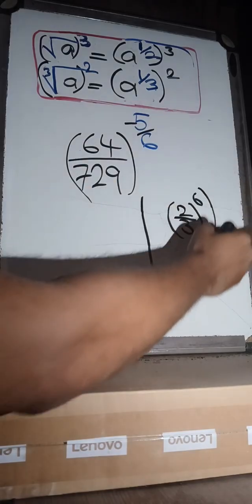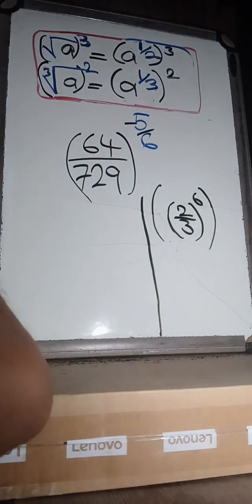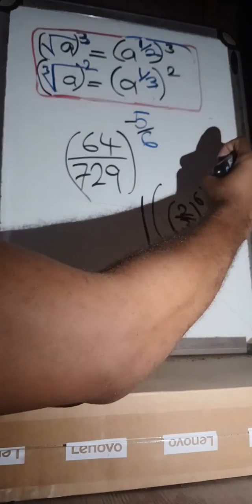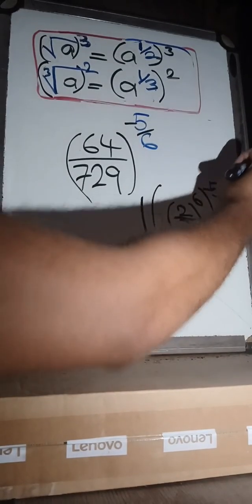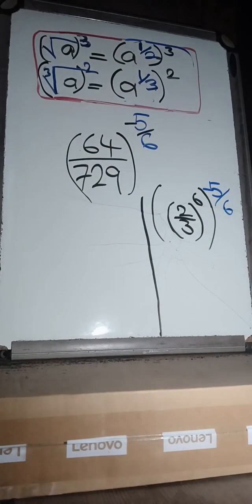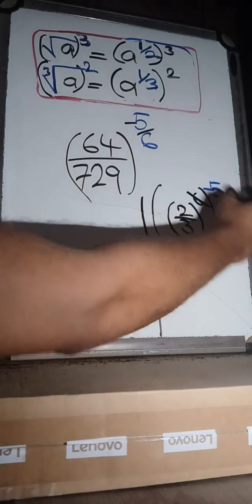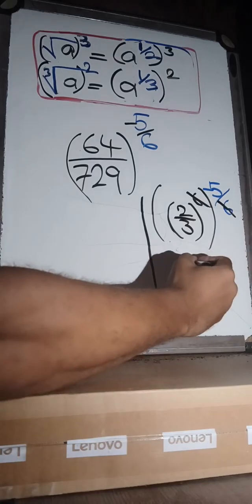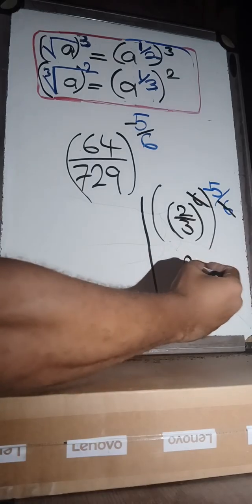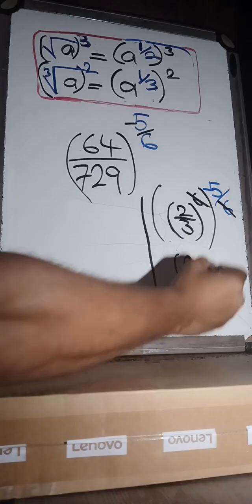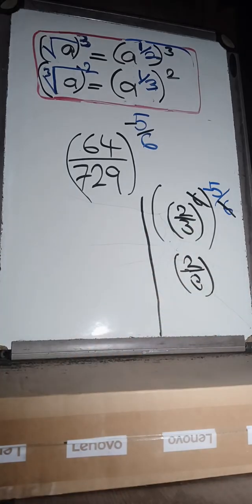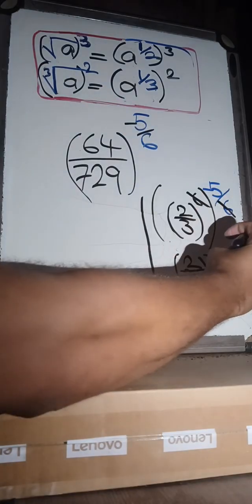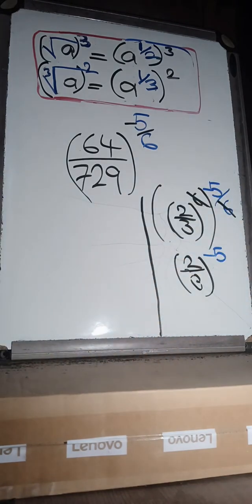But all of this is raised to the minus 5 over 6. So now I have 2 over 3 raised to the minus 5.